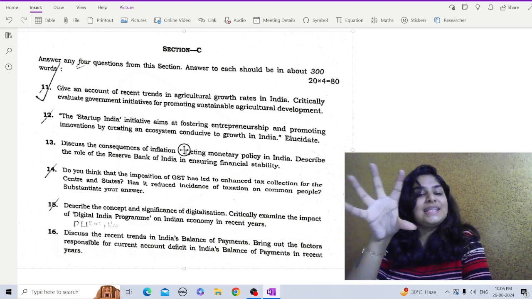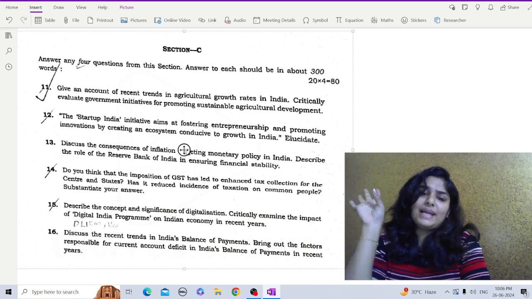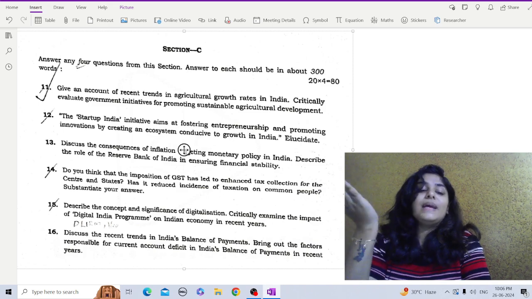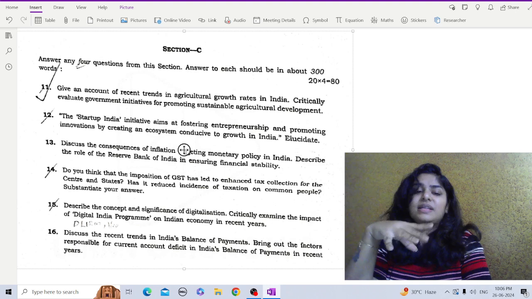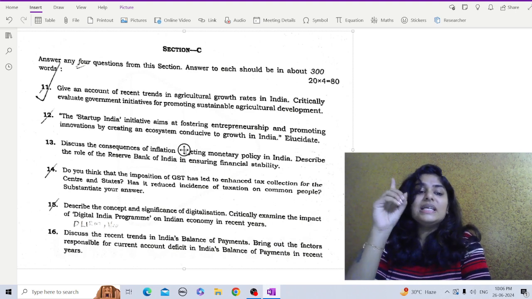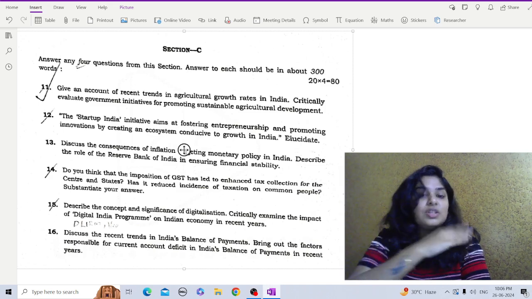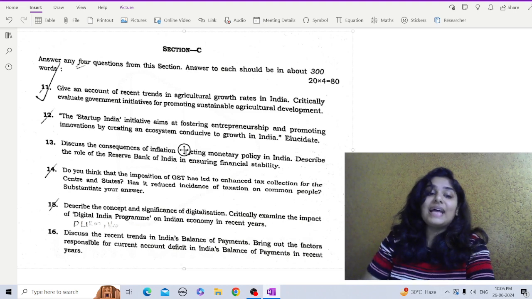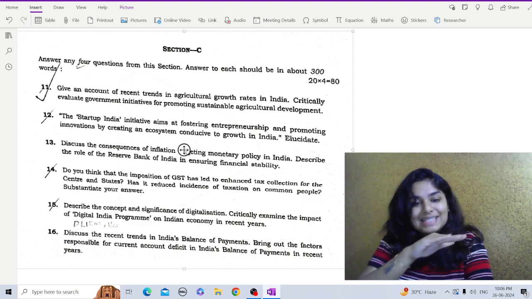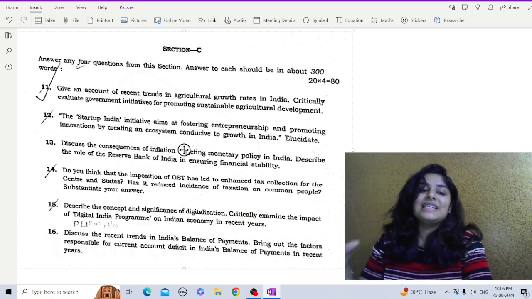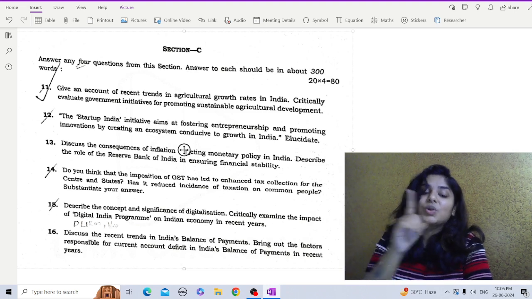Okay. So GST has significantly improved tax compliance and broadened the tax base. By integrating numerous state and central taxes into a single tax system, GST has streamlined tax administration and reduced tax evasion. According to the Ministry of Finance, GST collections have shown a consistent year-on-year increase since its implementation in July 2017.